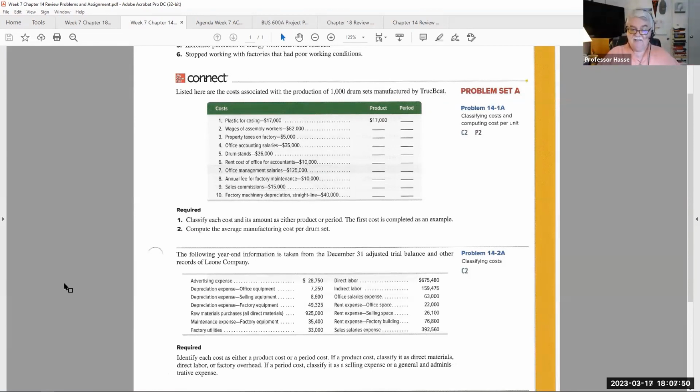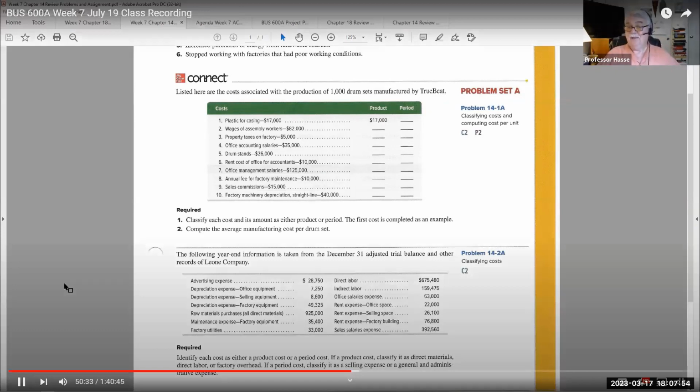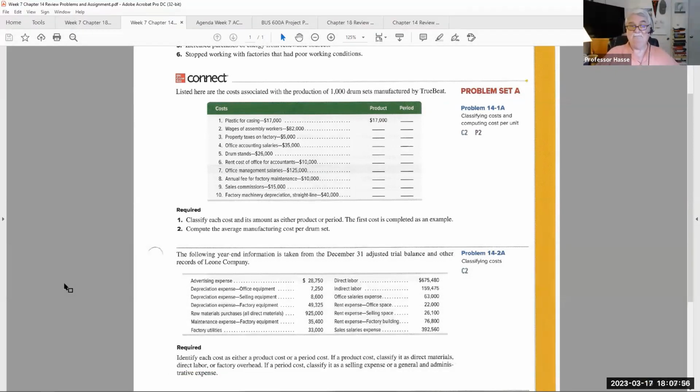Property taxes on the factory, product cost. That's an indirect cost, right? It's a factory overhead. Office accounting salaries, period cost. Drum stands, product cost. Has to do with the drum.